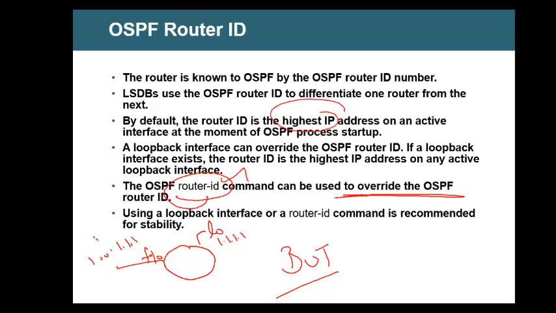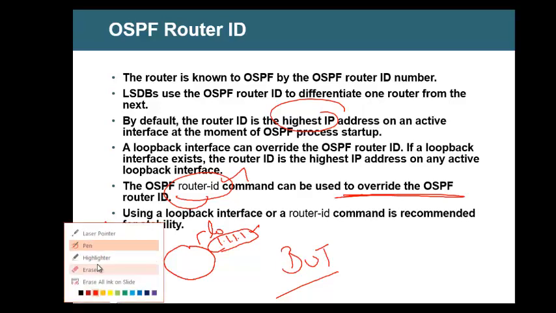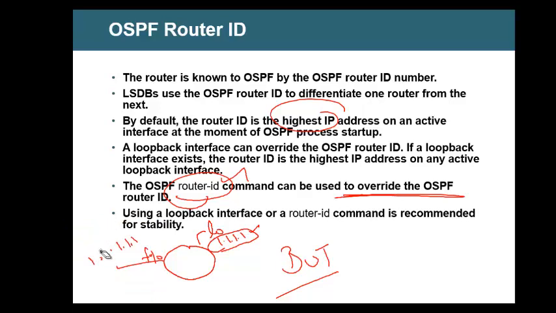No. Highest IP address among the loopback interfaces. I have only one loopback, so this is the only highest. So this will become the router ID. The physical interface address will not be the router ID. The loopback interface will be the router ID always. Only if there is no loopback interface, it is going to see the physical interface. If you have more than one physical interface, the highest IP address among the physical interface addresses will be used as the router ID.